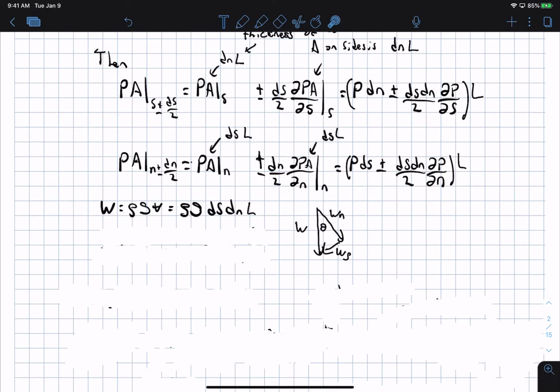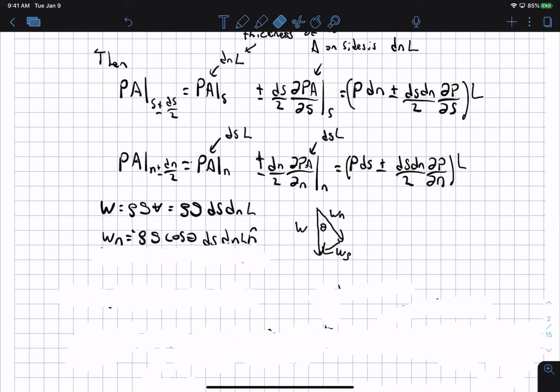Okay, so now we break it into normal and streamwise components, basically using the angle theta and some trigonometry.